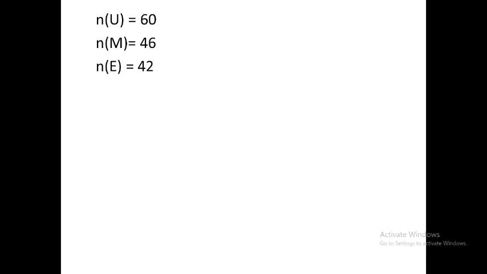Because we are told to use n to represent both subjects, we need to go strictly by that, which is n(M intersection E) equals n. Why should we bring the intersection? We need to introduce the intersection because when we add the students who read mathematics and the students who read English, that will sum up to 88.